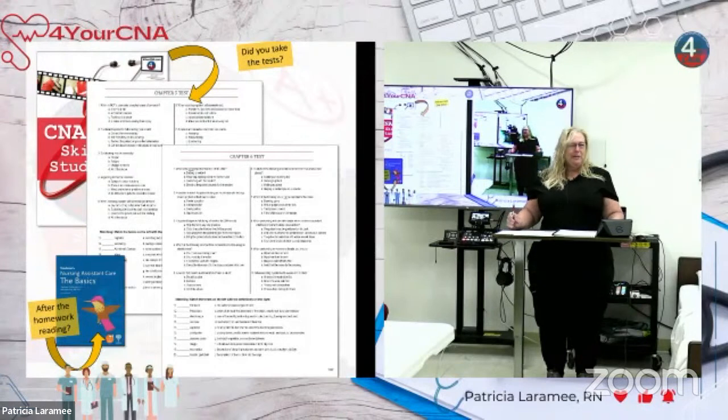I mean, how do you remember what Fowler's is? What I came up with for Fowler's is another name for chicken is fowl, right? So if I'm going to eat chicken, what position do I need to be in? Sitting upright. So Fowler's is sitting upright, fully upright.